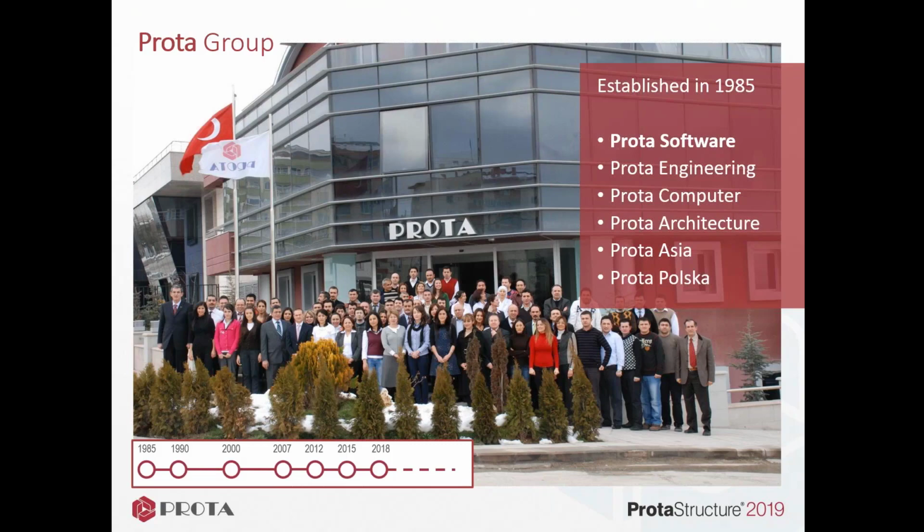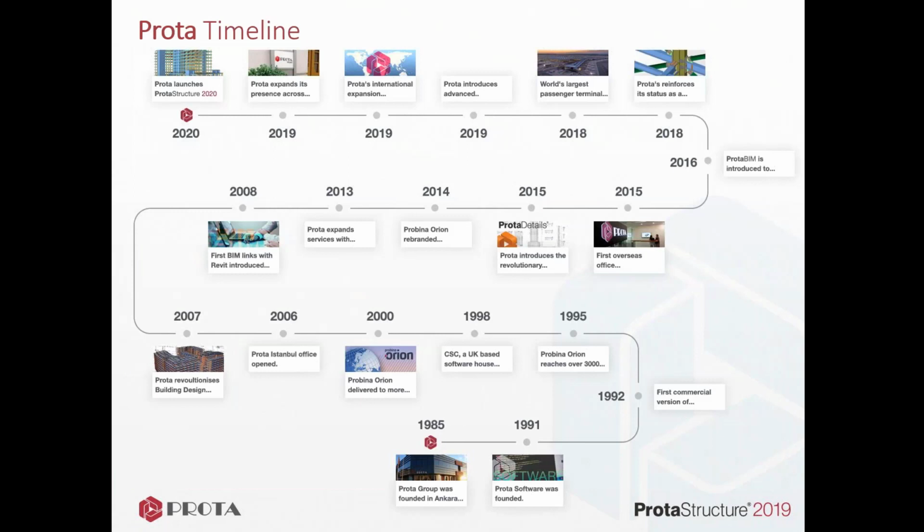So Prota was established in 1985. As I mentioned, it's a group of companies. We've actually got an interesting history. It's evolved over the past 35 years. We first started the commercial release of what was then a platform called Provena Orion back in 1991, and that evolved very quickly regionally into a global product that was marketed throughout the world.